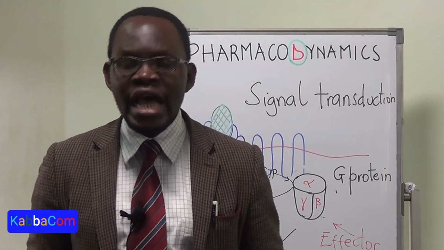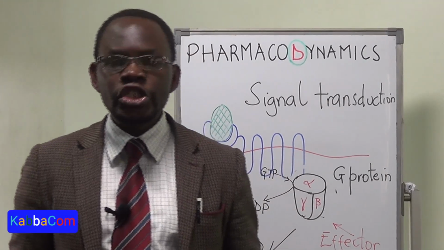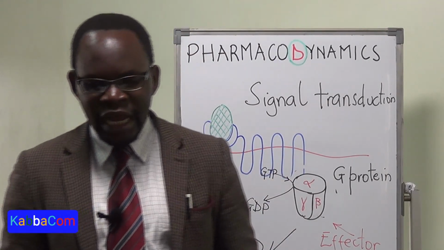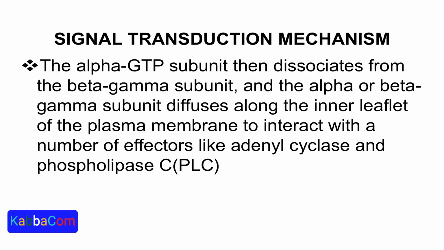As a result, you have several changes, as we shall see. For example, if we look at the one where it activates phospholipase C. Once it leaves, it goes and activates phospholipase C.